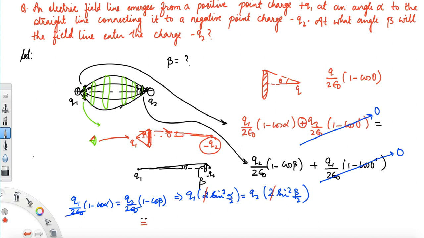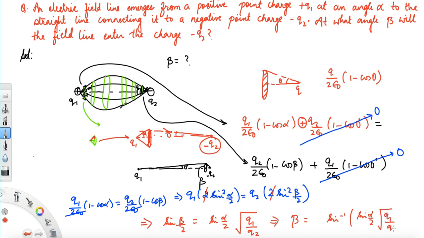From this we can find sine beta by 2 is equal to sine of alpha over 2 times root q1 over q2, and from here we can also find beta is equal to 2 times inverse sine of sine alpha over 2 times root q1 over q2, and since it is beta by 2 we have this 2 here, and this is the final answer.